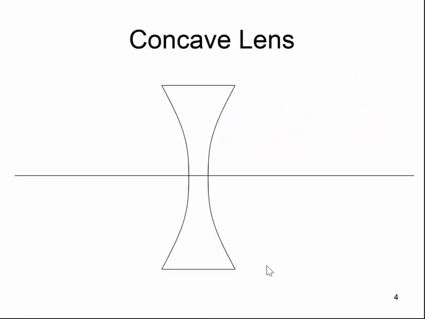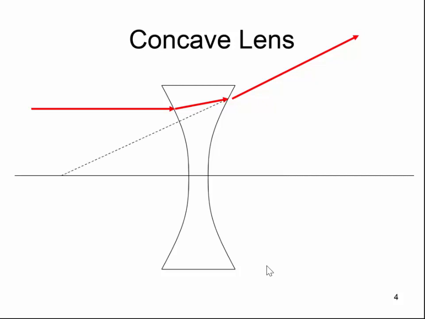Now a concave lens, like a convex lens, will bend the light when it goes through, but because of the geometry of the surfaces, you get refraction with the incoming light moving away from that central axis, so it's also known as a diverging lens.